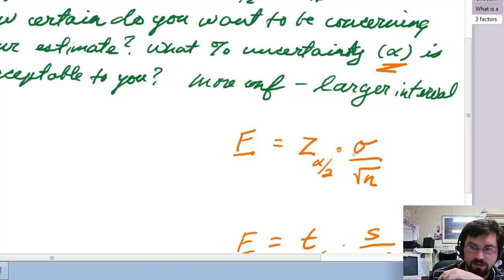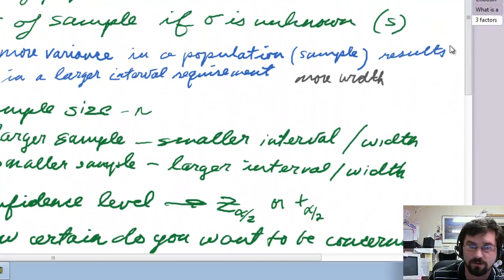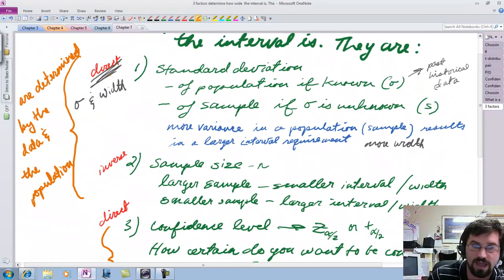The bigger my population standard deviation is, the bigger E is. But the bigger N is, notice I'm dividing by N, and when you divide by a bigger number, you end up with a smaller number. And look at what I said up here. Standard deviation is direct, confidence level is direct, but sample size is inverse.